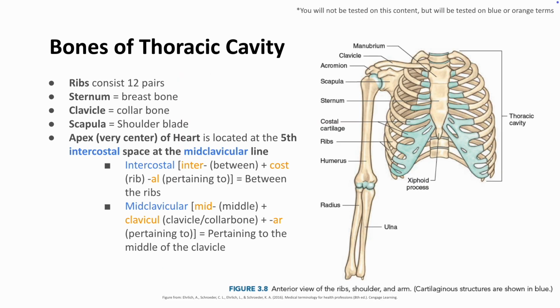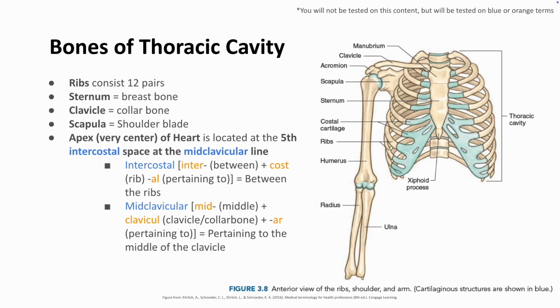Okay. Now it's the bones of the thoracic cavity. Remember the one that contains the chest and heart? You don't need to know the things that are in bold and black. You'll need to know the ones that are blue and orange terms.